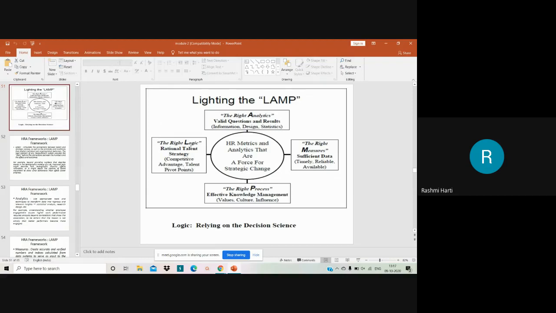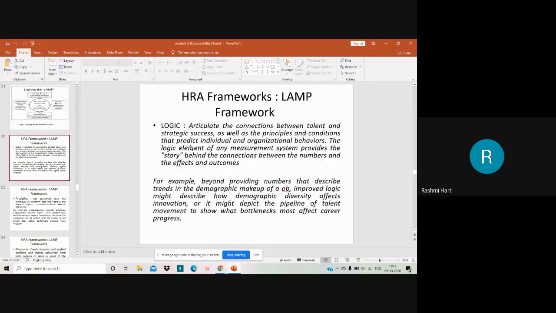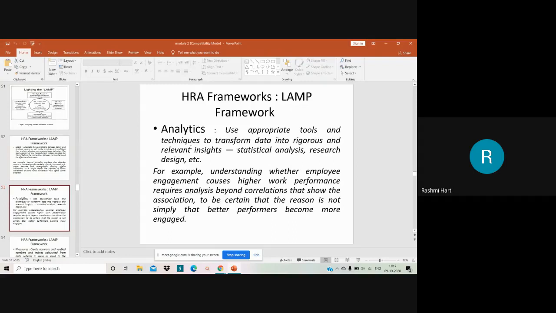So you need to have the right logic for collecting the data. So coming down to analytics here, when you collect the data, you are going to use the right tools and right techniques to transform data into rigorous and relevant insights. That is, you are going to use statistical analysis, you are going to use research design, etc. These tools will be used and you transform the data into rigorous and relevant insights.